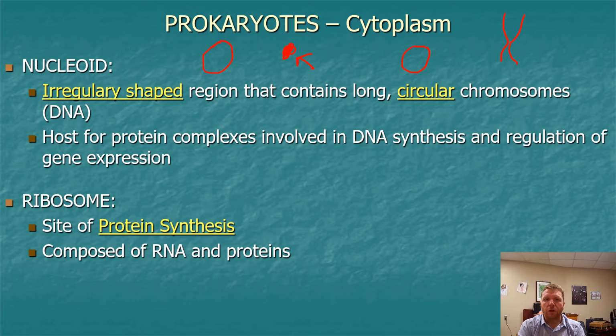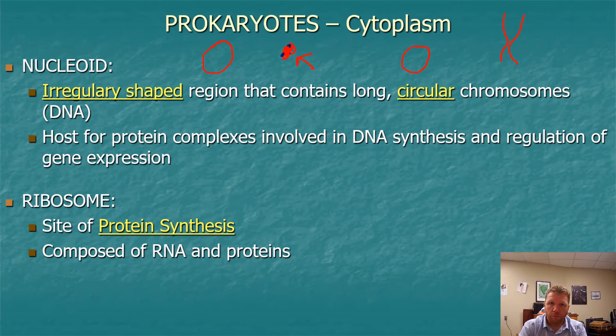The nucleoid is host for protein complexes involved in DNA synthesis and regulation of gene expression. So not only is the chromosome circular and it's going to wrap in on itself, but you've also got a bunch of proteins associated with it that are involved in copying that DNA, as well as expressing genes found within that DNA. So all these different proteins, I'm going to go ahead and change color to illustrate those proteins.